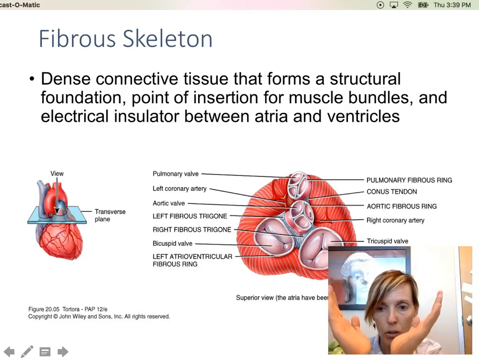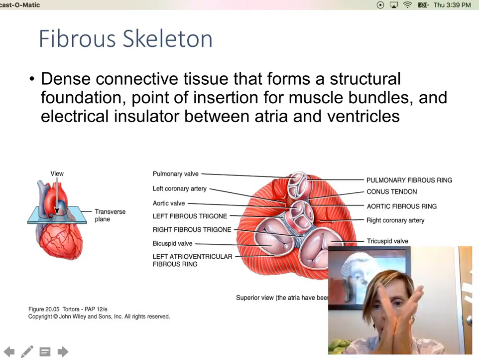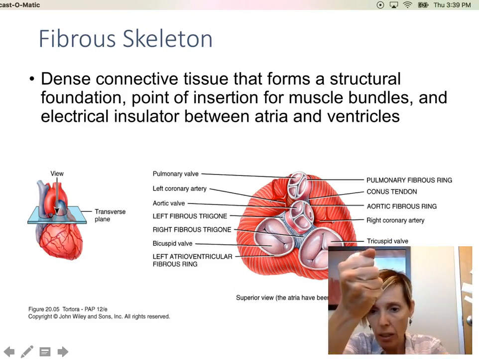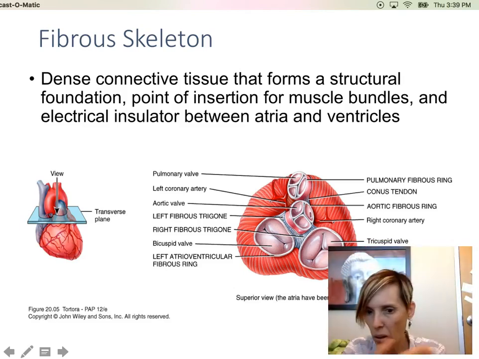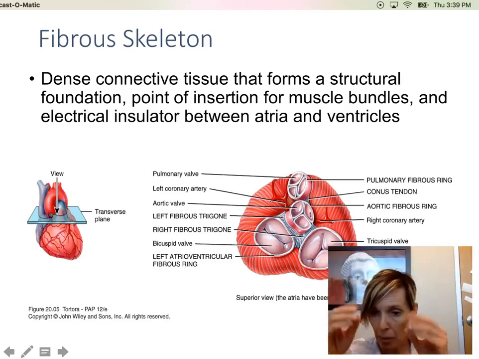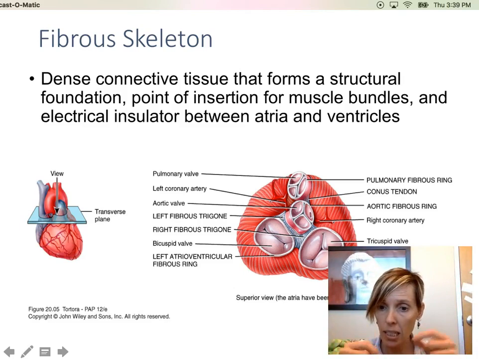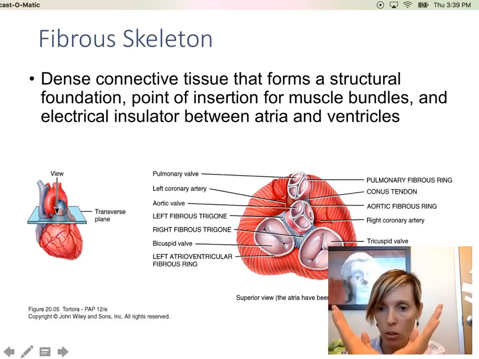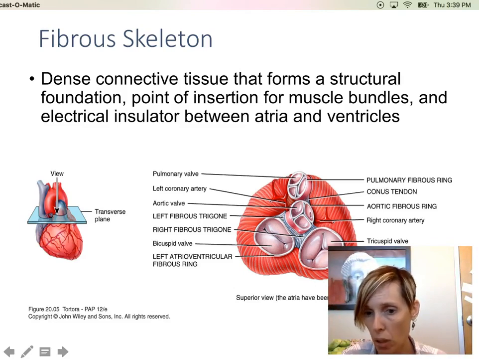And then you want the ventricles, however, to contract from the bottom up, because like a tube of toothpaste, you want to squeeze it out. If you squeeze in the middle, you're not getting all the blood or toothpaste out, I guess. So again, by having this fibrous skeleton, you're insulating it so the signal doesn't go everywhere. You're directing it to a very specific point so you can get a very specific type of muscle contraction.